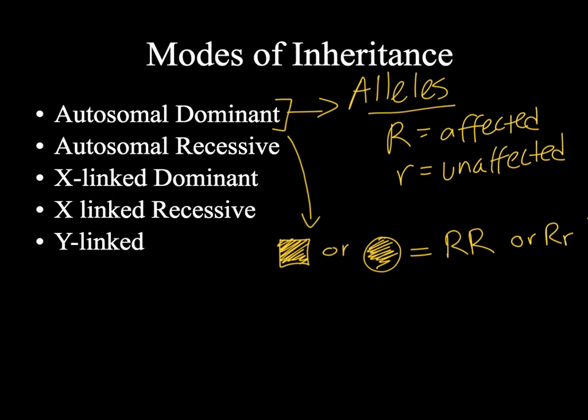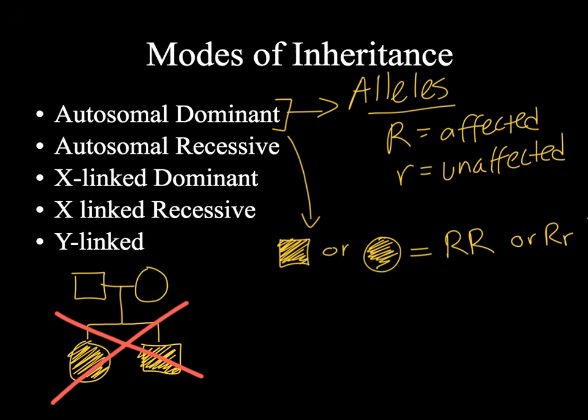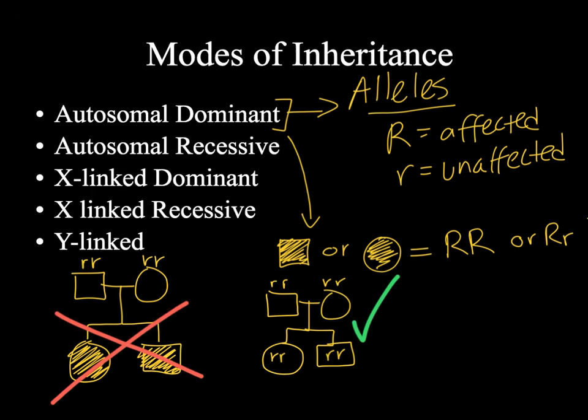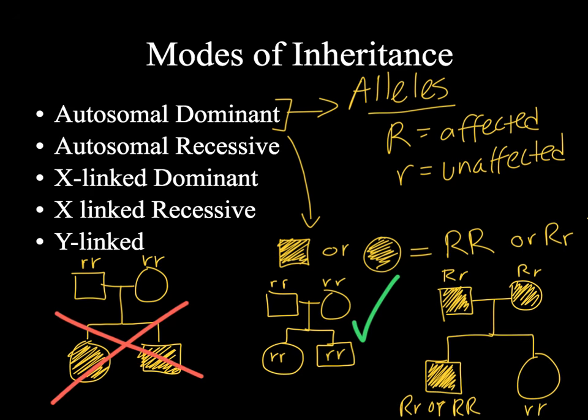Now, what you know and what you can use to solve pedigrees is in an autosomal dominant mode of inheritance, 2 unaffected parents cannot have affected children. We know that because 2 unaffected parents would have the genotype of homozygous recessive, and therefore all of their children would have the exact same genotype and be unaffected. Furthermore, 2 affected parents, 2 parents who have the disorder or the trait that we're tracing, can have unaffected children if the 2 parents were heterozygous to start out with.